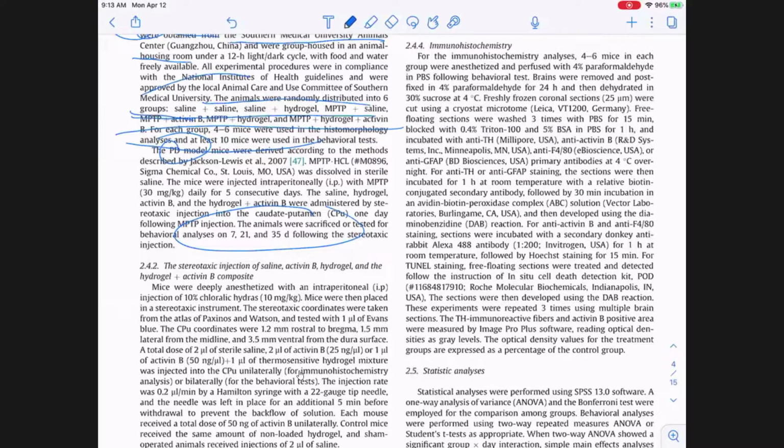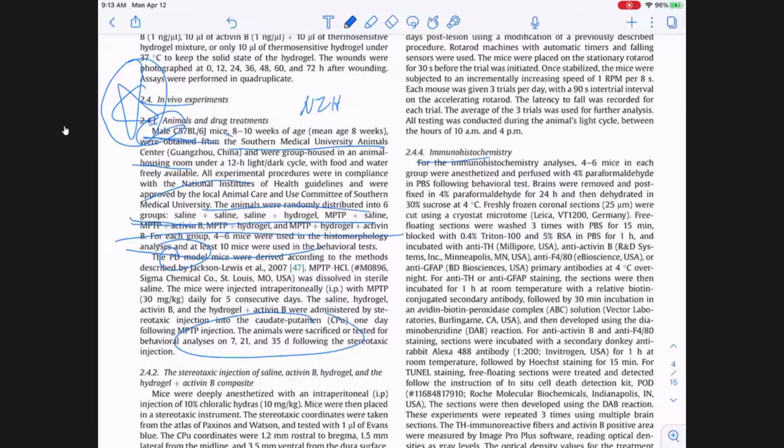And immunohistochemistry, all students need to focus on this. You need to have this part, because it studies what changes in your disease model. We take out the tissue and do immunohistochemistry using antibodies.